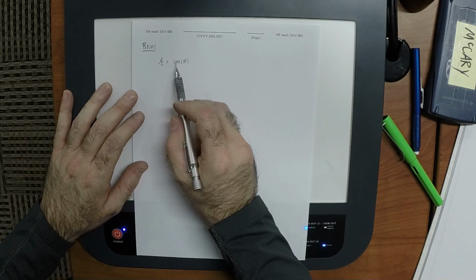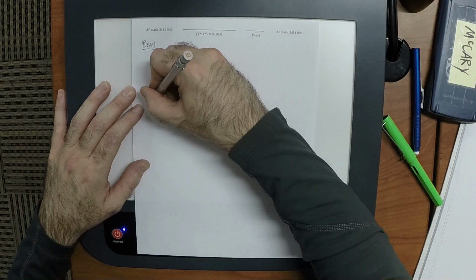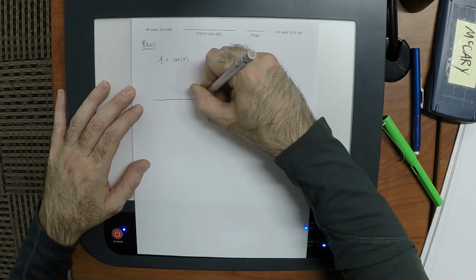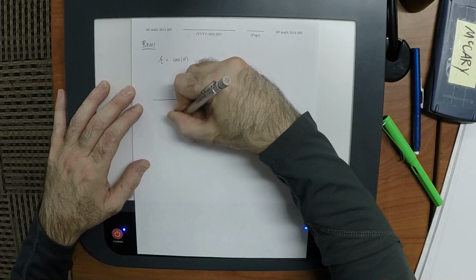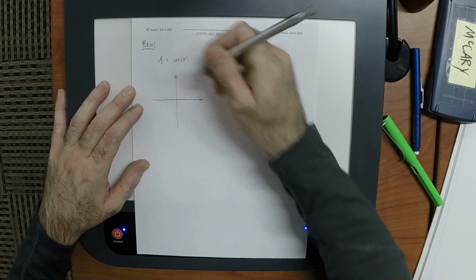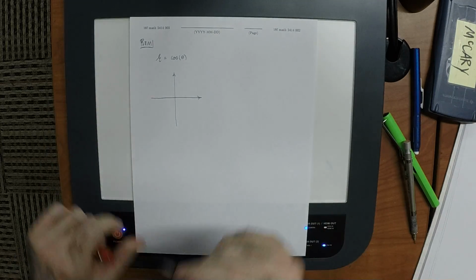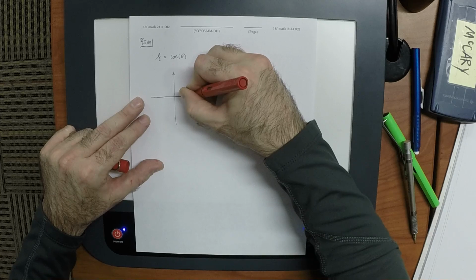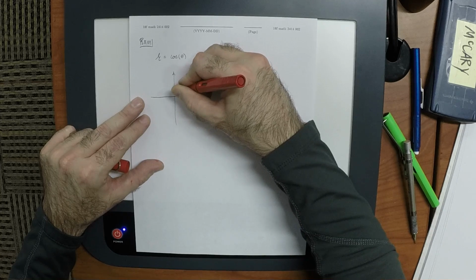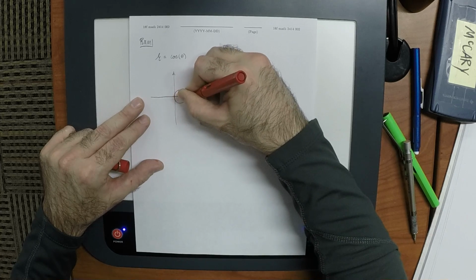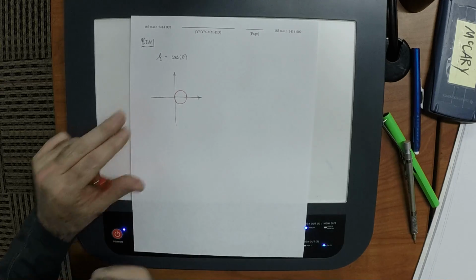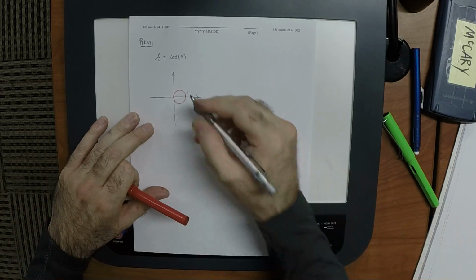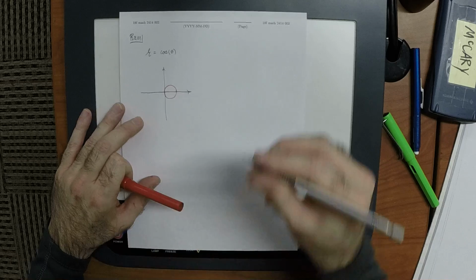Now when r is cosine of theta, in fact we'll get another circle, and you should make a table of values and verify that this is correct. You get a circle like this, tangent at the origin, like that. You should verify that that's true.